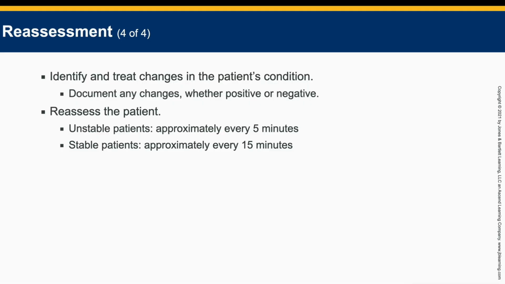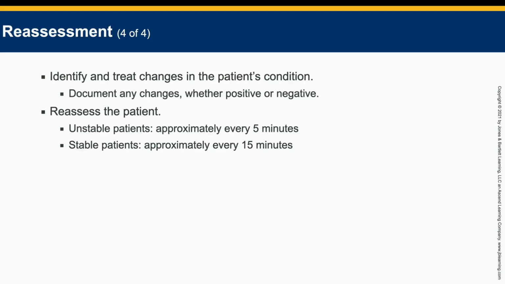The final step in the ongoing assessment is to continue to identify and treat any changes in the patient's condition. As you reassess the patient, it's important to document any changes observed, whether the patient's improving or deteriorating. Accurate documentation helps ensure clear communication with other healthcare providers. Reassessment should occur at regular intervals depending on the patient's condition.